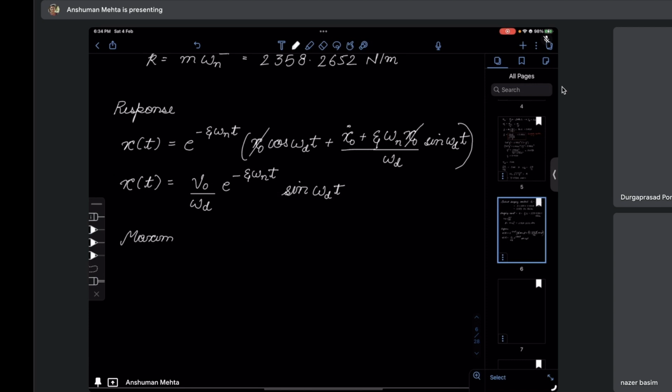So to find the maximum displacement, which is already given as 250 mm, you have to find this v naught.